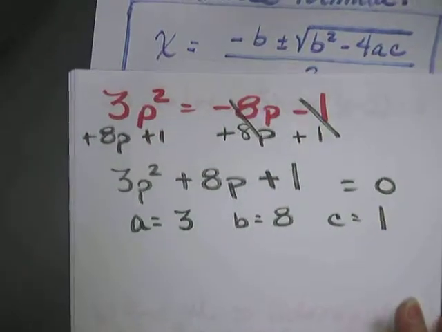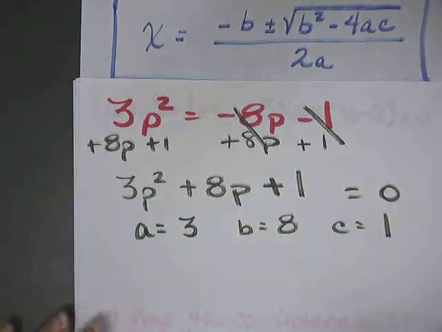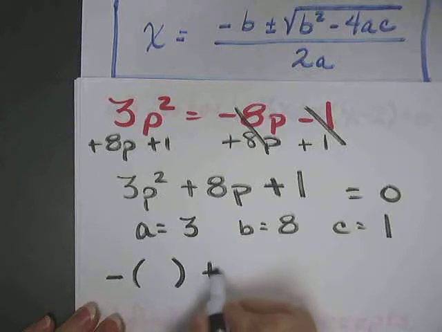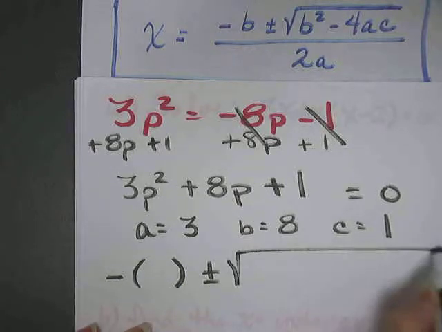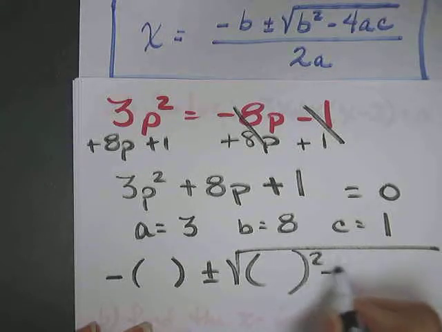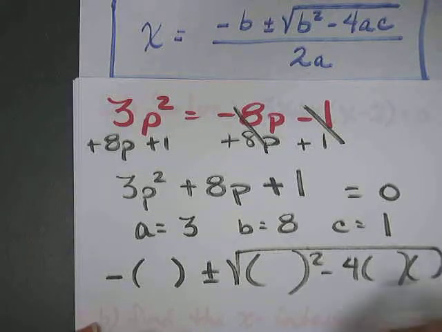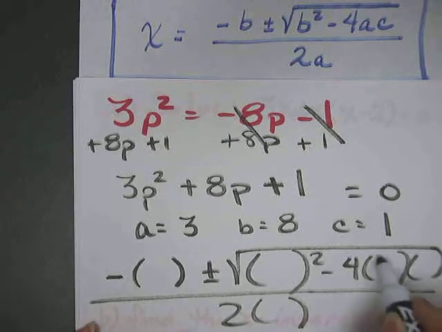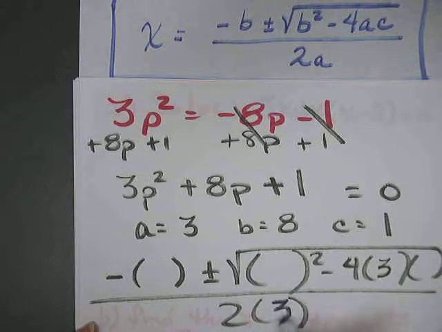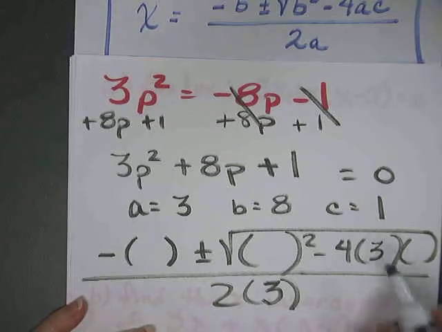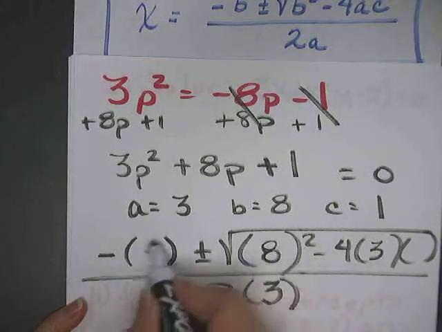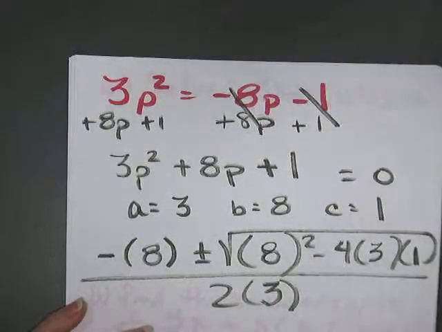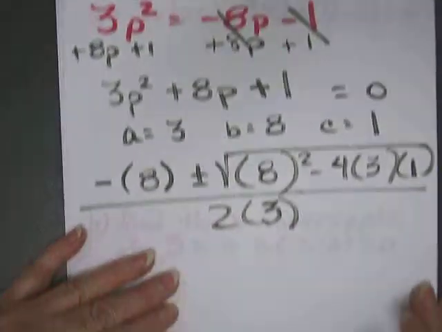So you write the quadratic formula. Okay, so we're going to have negative B plus or minus the square root of B squared minus 4AC all over 2A. A is 3. B is 8.